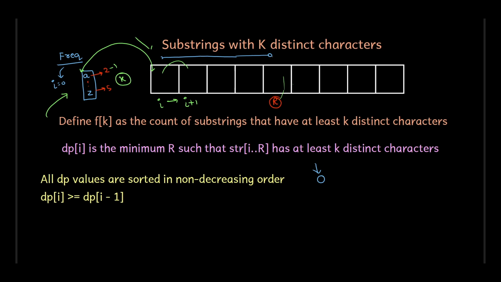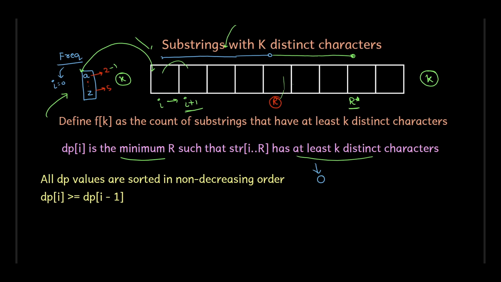If you don't, you keep on increasing R even further, through all the copies that are already available, and you finally reach here, let's say this is R star. This R star means that for this I plus 1, it is the first point where you achieved exactly k unique characters, because here I'm saying the minimum R with at least k distinct characters.